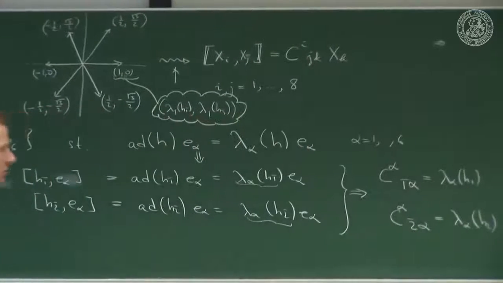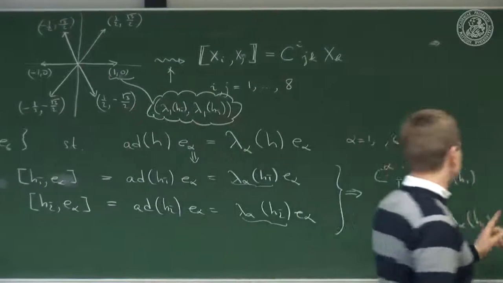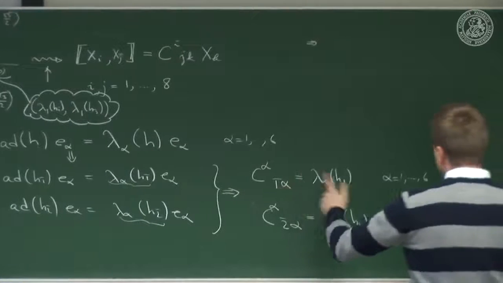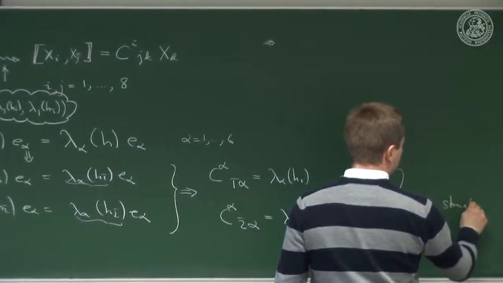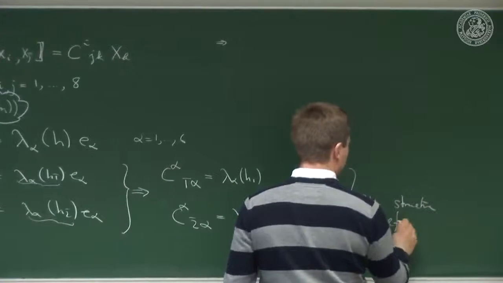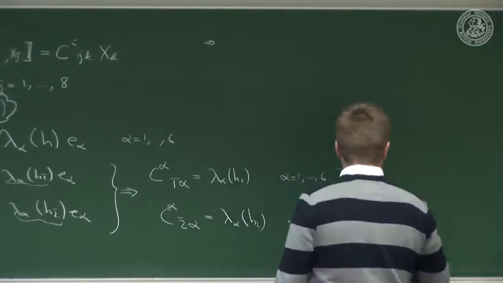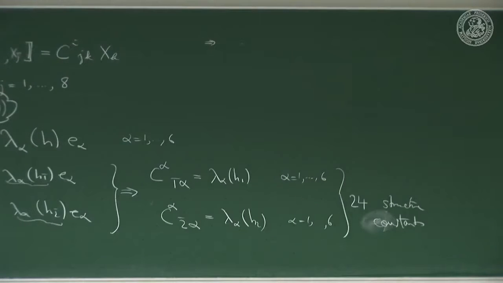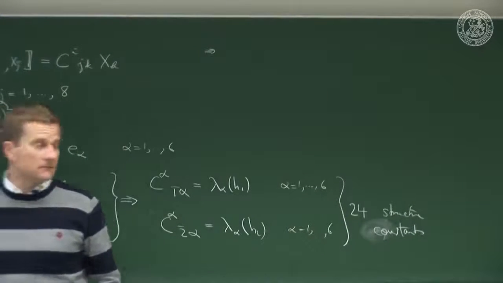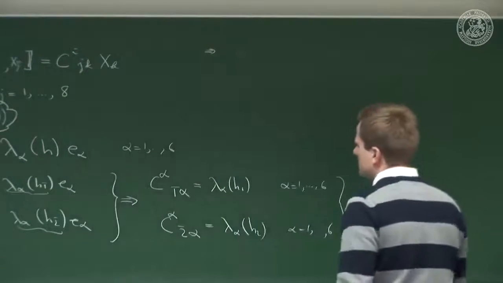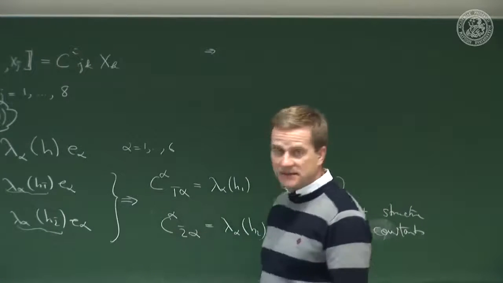So 1 bar is not 1. It labels another basis element. So these are 6 plus 6 makes 12. And because of antisymmetry, these are already 24 of the structure coefficients, structure constants. They're coefficients too, but let's say structure constants of the Lie algebra, which we recover directly from the root diagram. Now that's not all of them. You see, what about the 1 bar up here, and what about alpha beta down here?